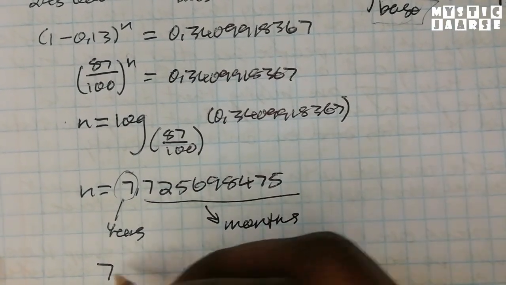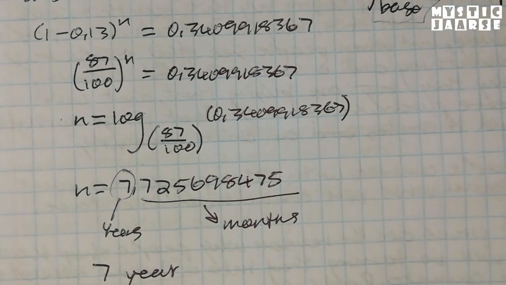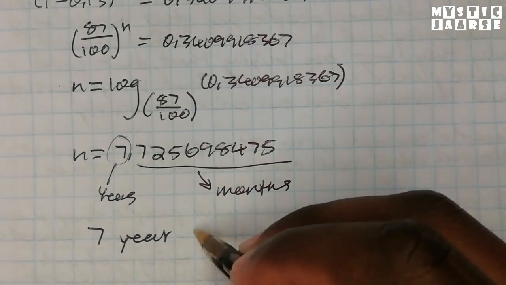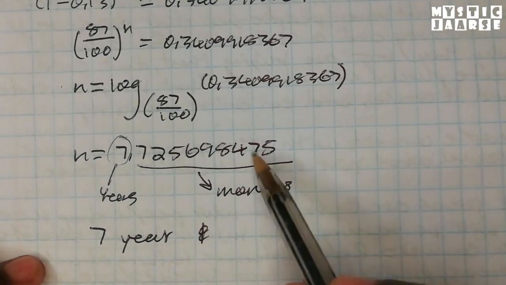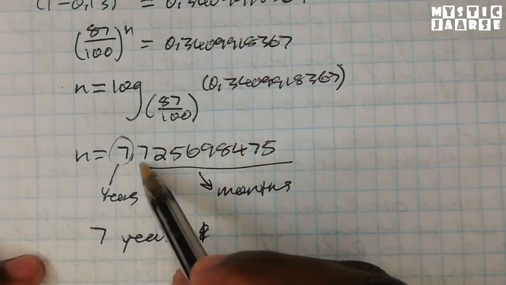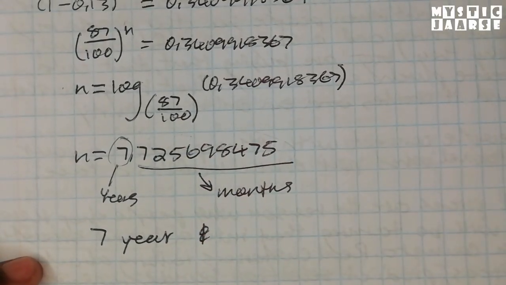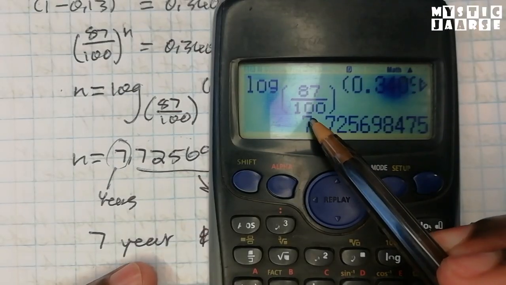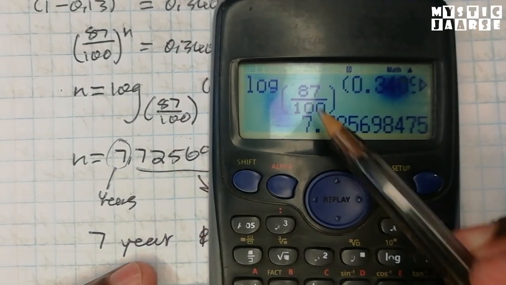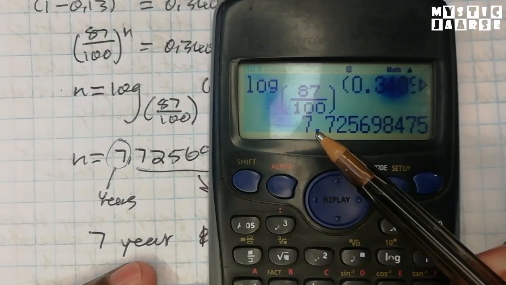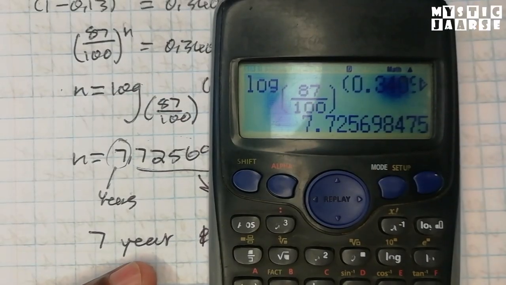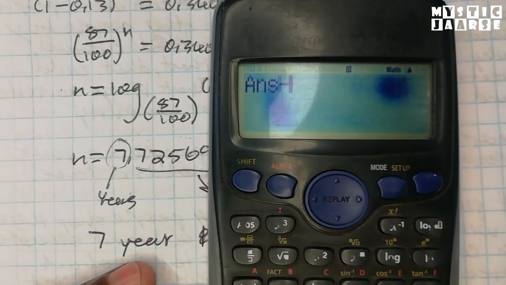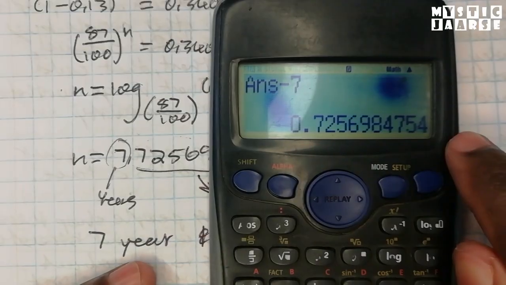So the car would take 7 years, and in order for us to determine how many months this decimal represents, we get rid of the number that comes before the comma. So we say answer minus 7, and then we get our decimal.